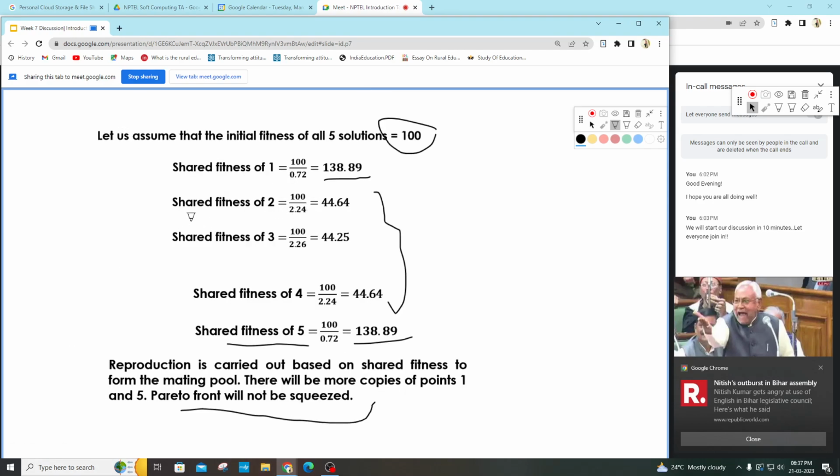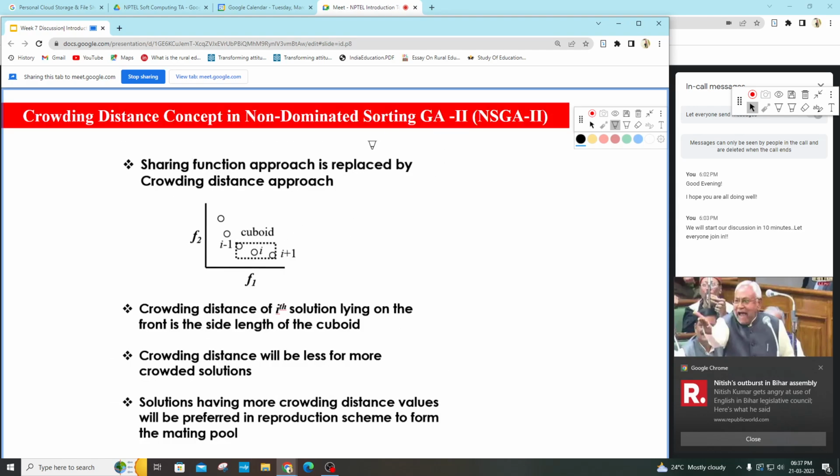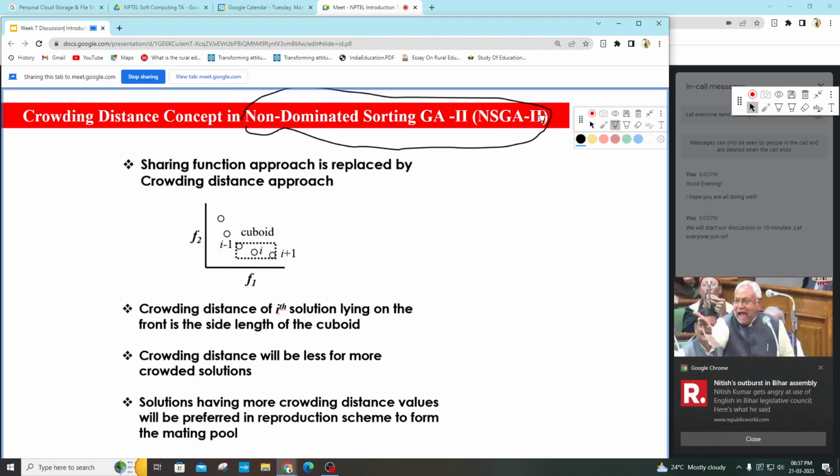So time complexity of this NSGA is very high. So if we are facing that much time, similarly your computer program will also face more time. So for this, the scientists have found another concept called crowding distance, and this they have applied in another genetic algorithm known as non-dominated sorting genetic algorithm, NSGA-2.